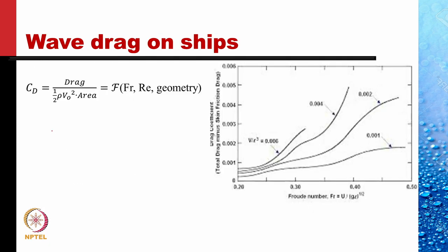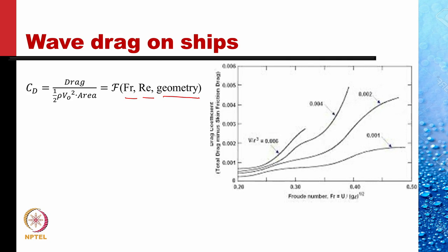In wave drag on ships, the drag coefficient CD, defined as drag divided by 1/2 rho v naught squared into area, is now a function of Froude number, Reynolds number, and non-dimensional geometry. So wave drag depends upon Froude number and Reynolds number. We can show that the dependence on Reynolds number is rather low. So the drag coefficient is a function of Froude number and the geometry.